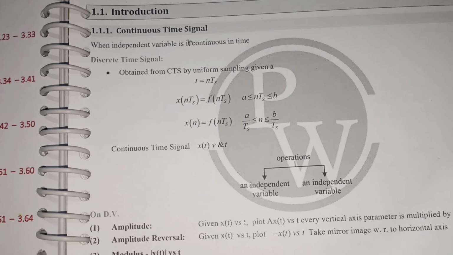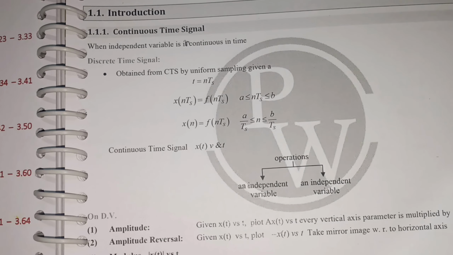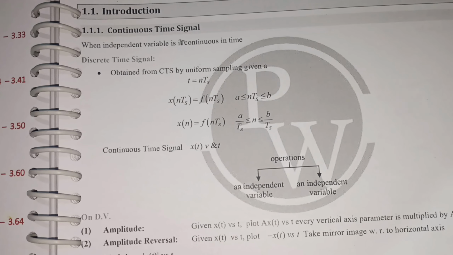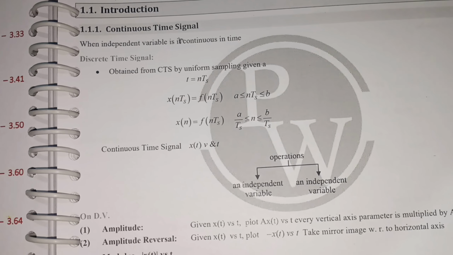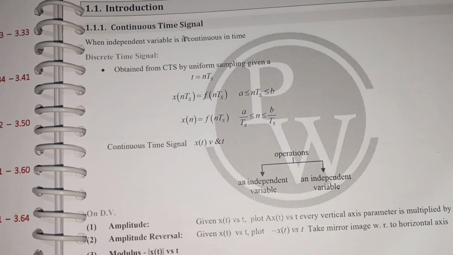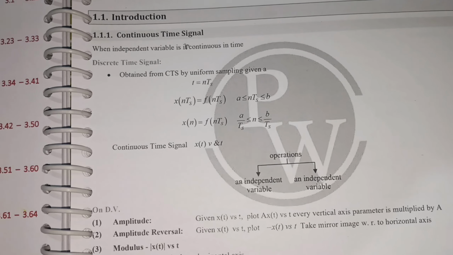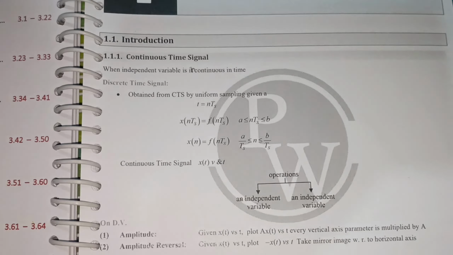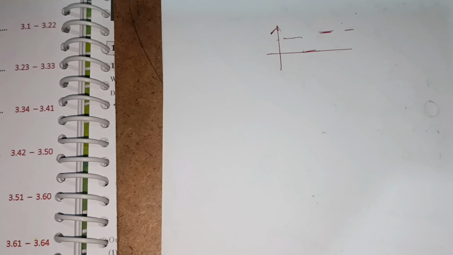Continuous time signal. So here continuous time signal is represented by x of t. Both the operations are there.